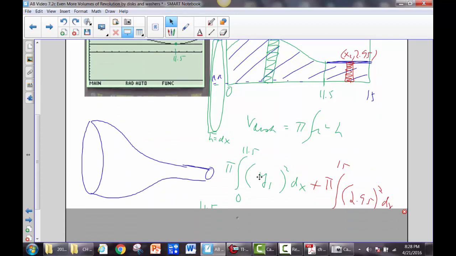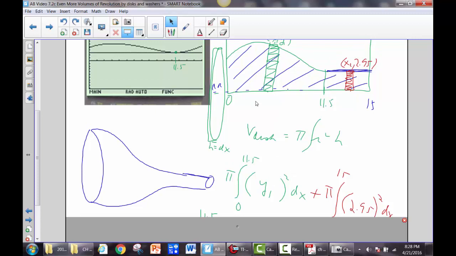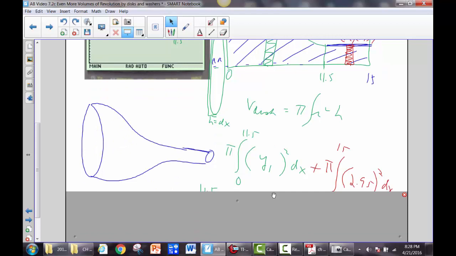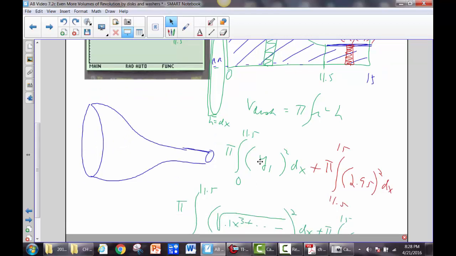And so now I actually did this one with an integral. This will be dx, right? The height is x, so it'll be x from 0 to x equals 11.5, and the radius will be the y1 coordinate, which you'll have to change in terms of x, and y1, of course, is that ugly radical function.